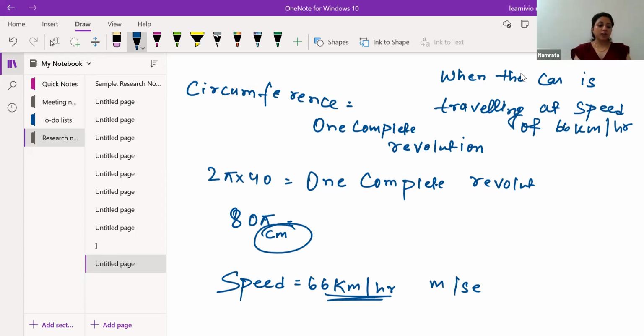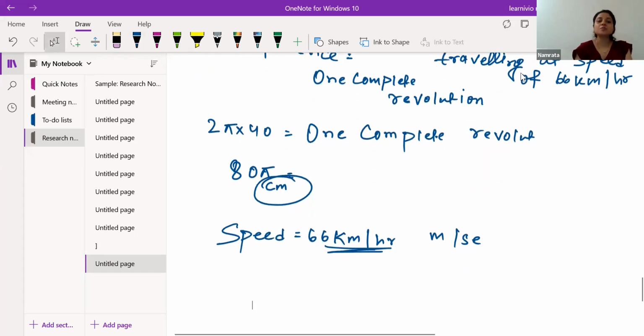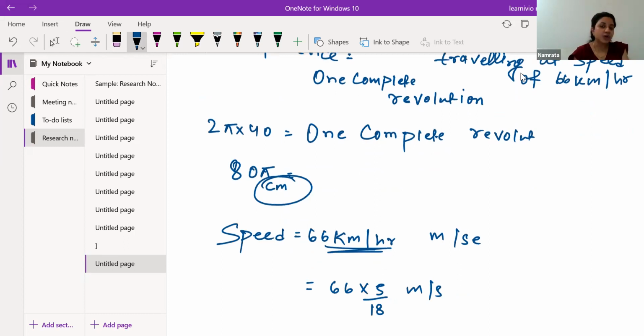Kilometer per hour to meter per second, there is a straightforward rule or a lengthy rule also. The straightforward rule says just multiply it by 5 by 18, and I will get it in meter per second. This centimeter also, if I want to convert it to meter, I have to divide it by 100.